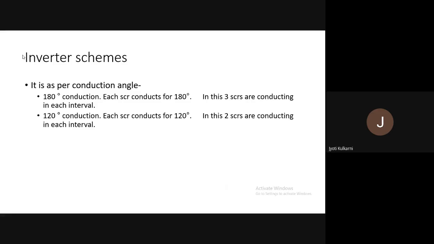One is 180-degree conduction mode, another one is 120-degree conduction mode. In 180-degree conduction mode, three SCRs are conducting together. Now why are three SCRs conducting together? Because we have seen each SCR is conducting for a 60-degree duration. So if each device conducts for 60 degrees, then for 180-degree conduction, how many devices will come into the picture?